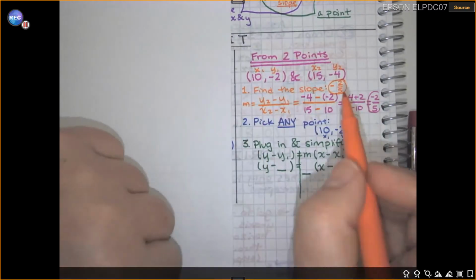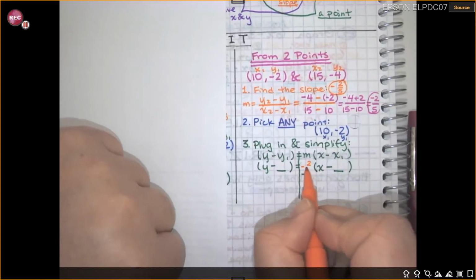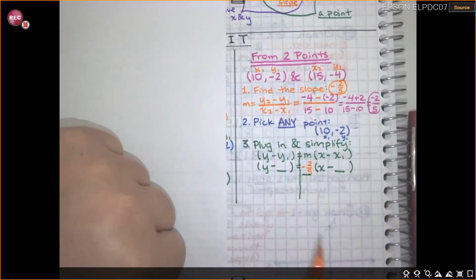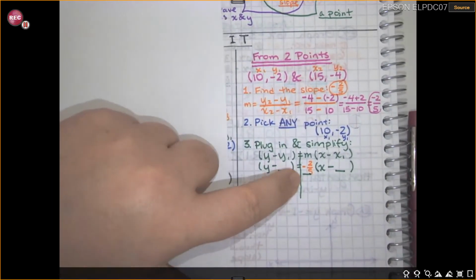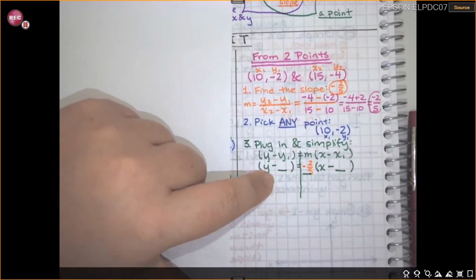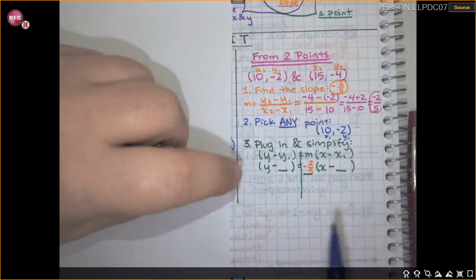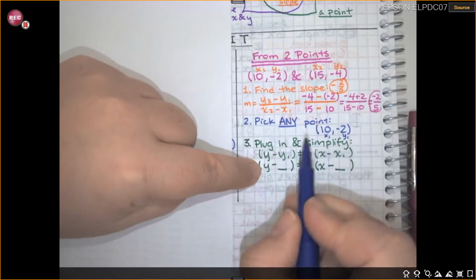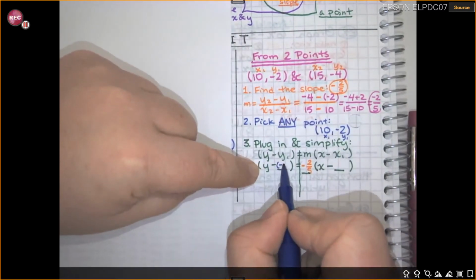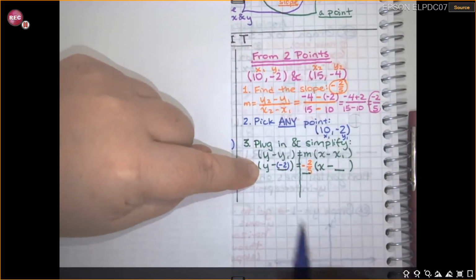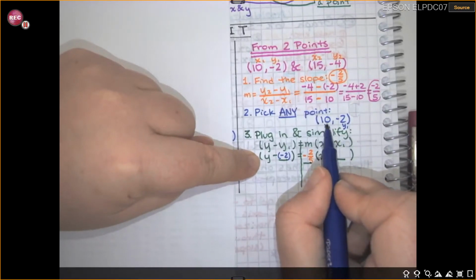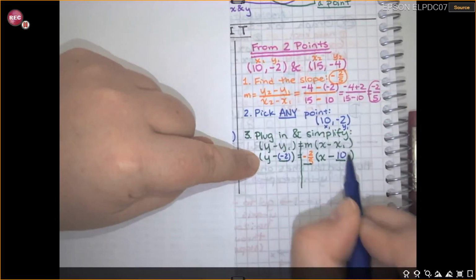So the slope is -2/5. I kind of drew my little line lower because I knew it was a fraction. So -2/5, and then my point values for y, make sure you use the y, and since it's negative, I'm going to do parentheses around the -2. And then here, for my x value, it is 10.